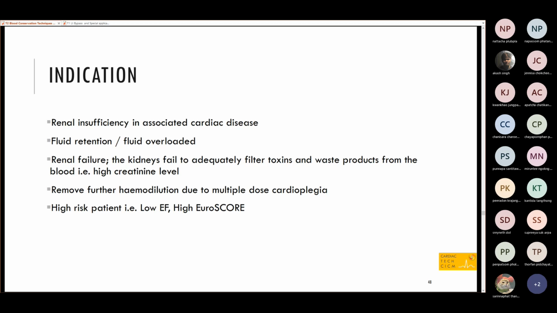It can be said that this is also an artificial kidney. So we use ultrafiltration as an artificial kidney to support these patients.